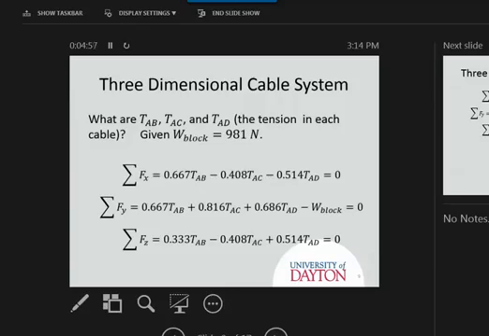So what am I going to have for equation 2 that goes in the next row? What values? 0.667, 0.816, and 0.686, right?